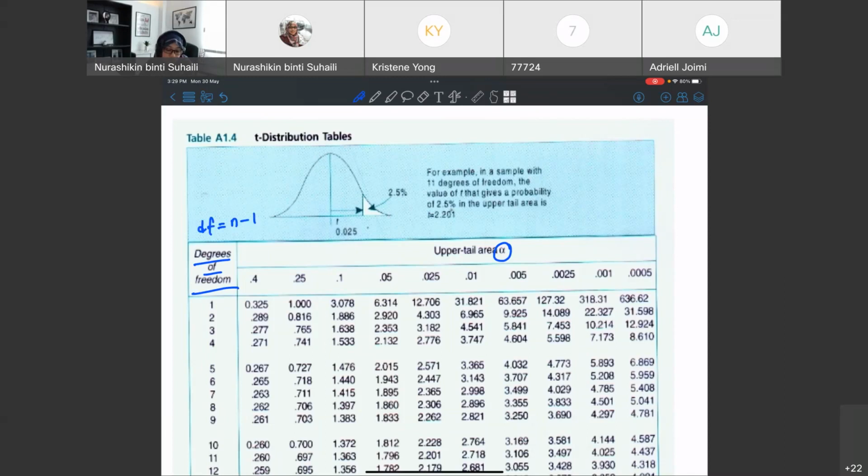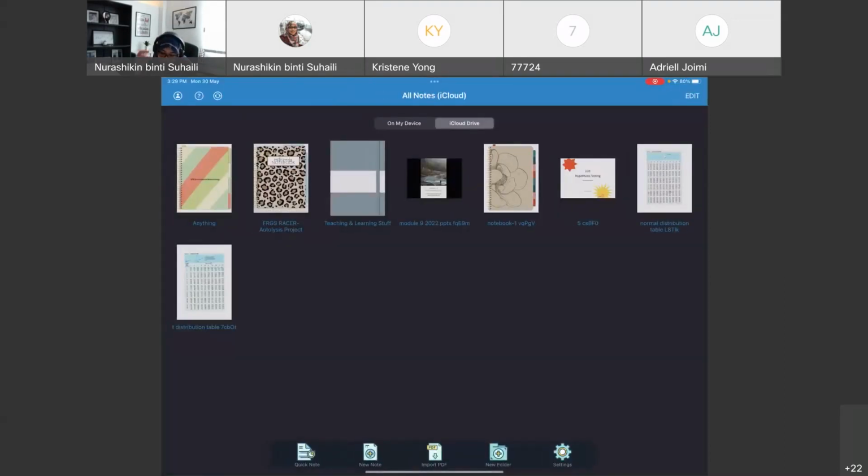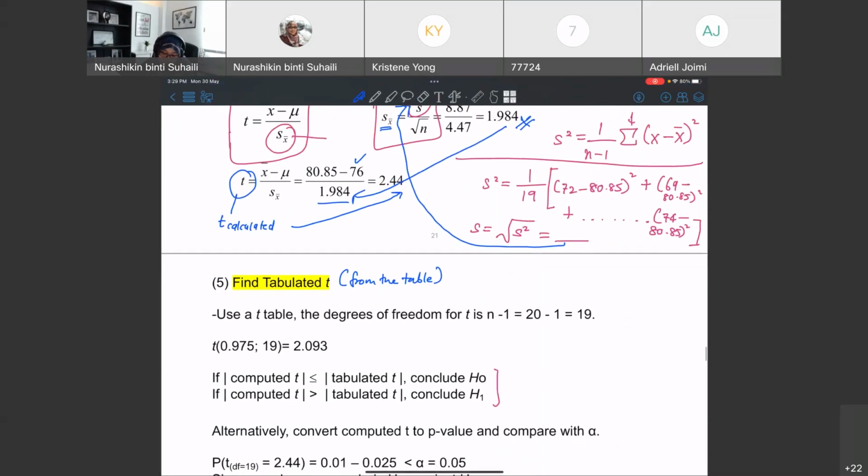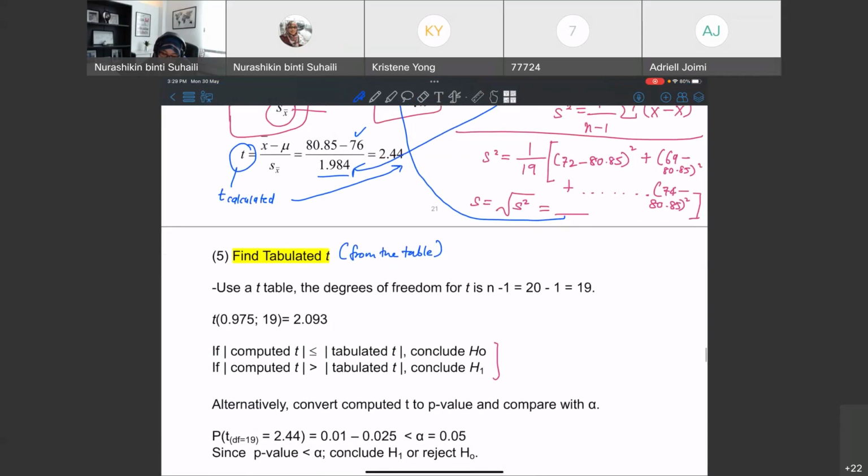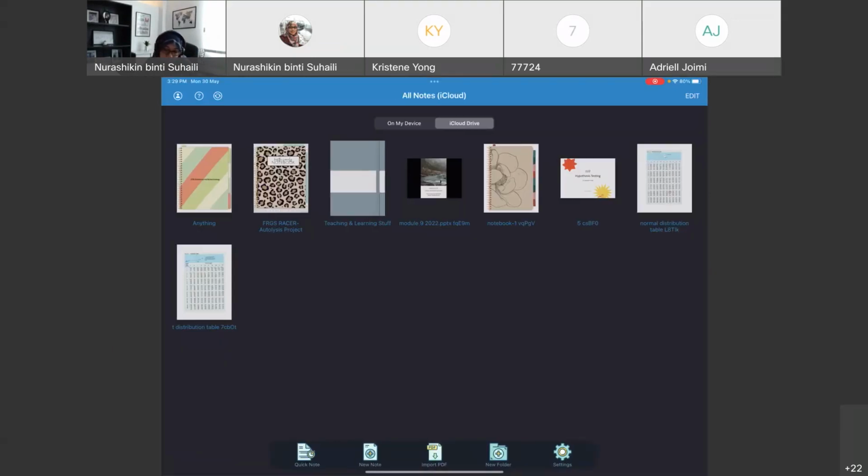Okay, so go back to, okay, just now, the tail area, so how to find the tail area? The tail area is referring to only one side, which means 0.05 divided by 2, that gives you 0.025. Okay, that is the tail area that you have to refer to in your t table.